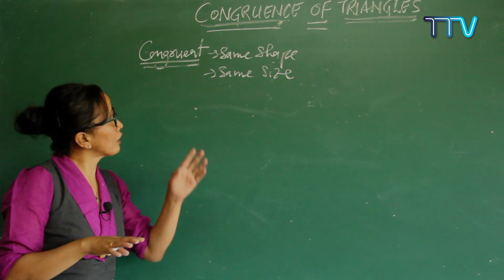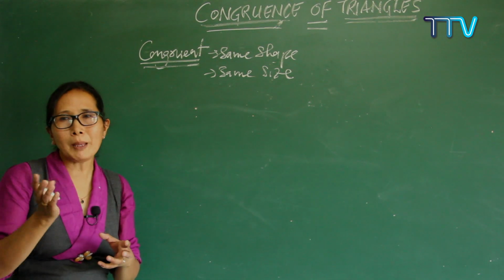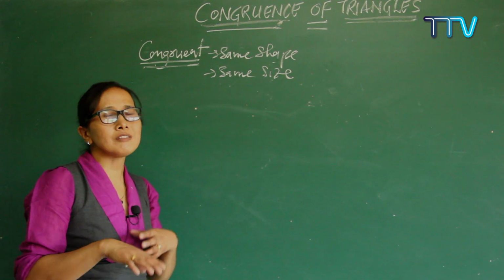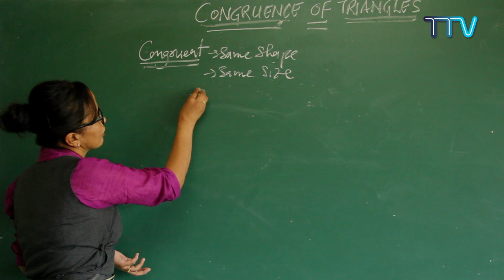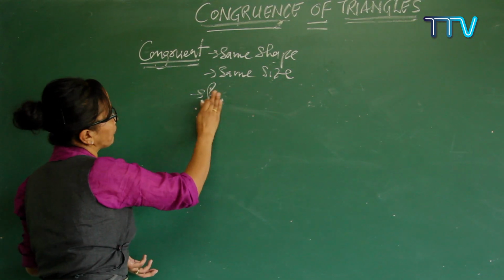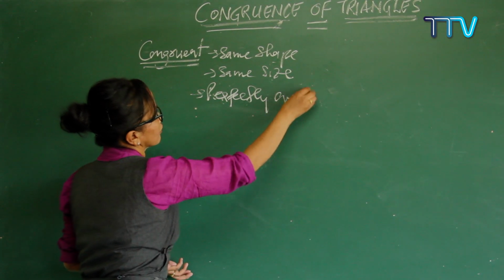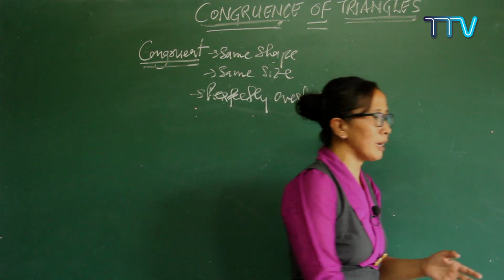Sometimes we can also define it as perfectly overlapping each other. If two figures are overlapping each other, then they are also called congruent to each other, understood? So again, we can call it perfectly overlapping each other.